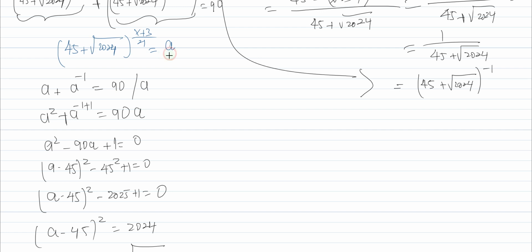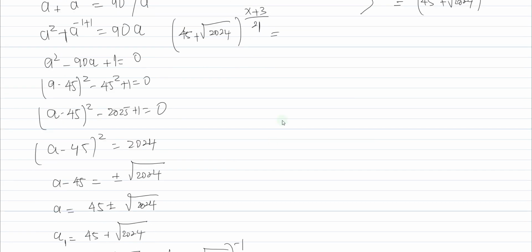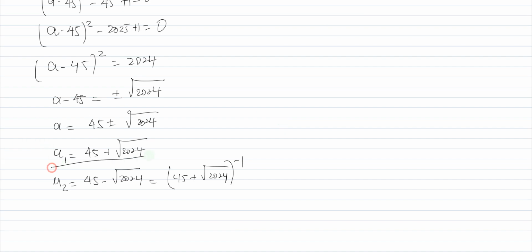Now we're going to replace our value of a. We say that a is equal to this. So then we're going to have 45 plus square root of 2024 to the power of (x plus 3) over 21 equals a1, which is this one here.